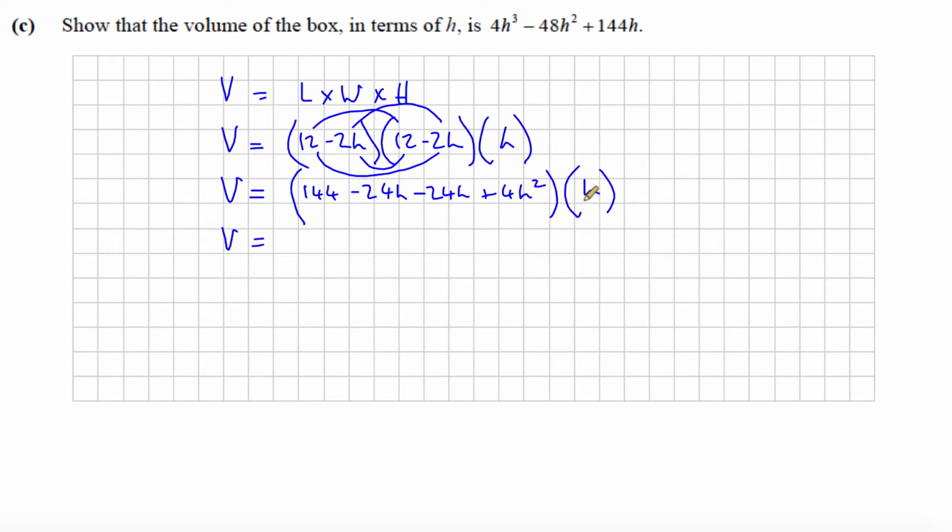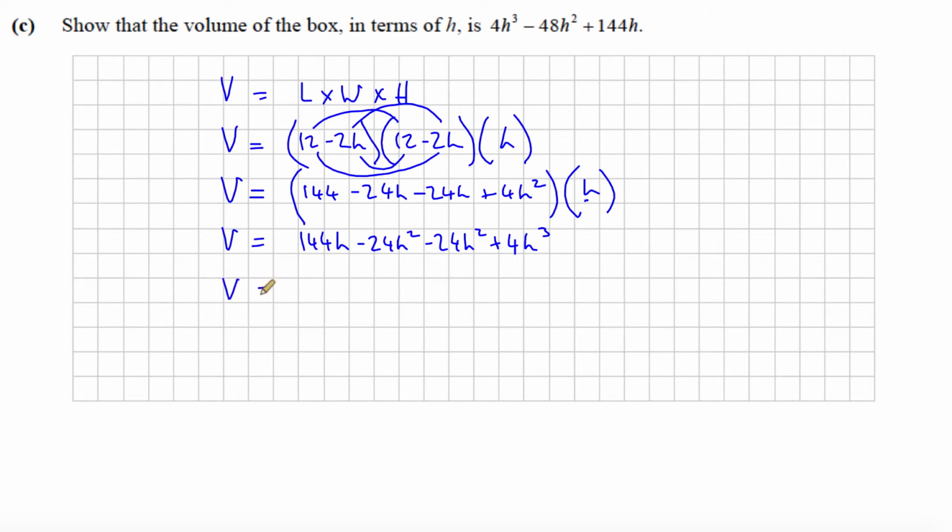So that's the last thing to do, is multiply this h by each term inside the bracket. So h times 144 is 144h. h by minus 24h is minus 24h squared. And again by minus 24h is another minus 24h squared. And then finally h by 4h squared is 4h cubed.